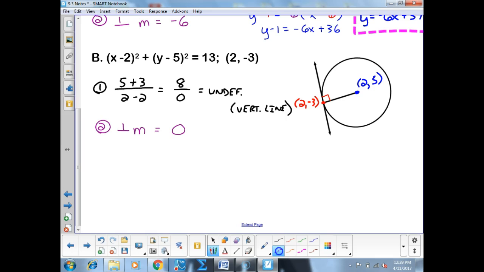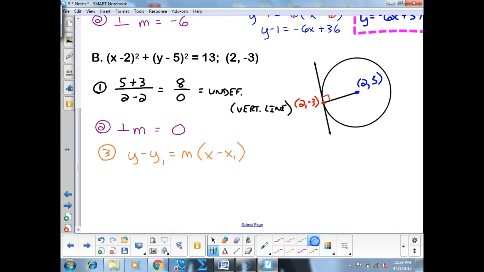So now I can use my point-slope form: y minus y sub 1 equals m times x minus x sub 1. And I'm going to use the point of tangency.